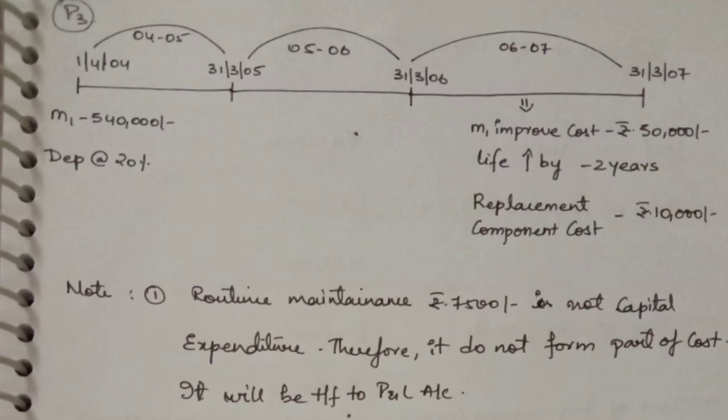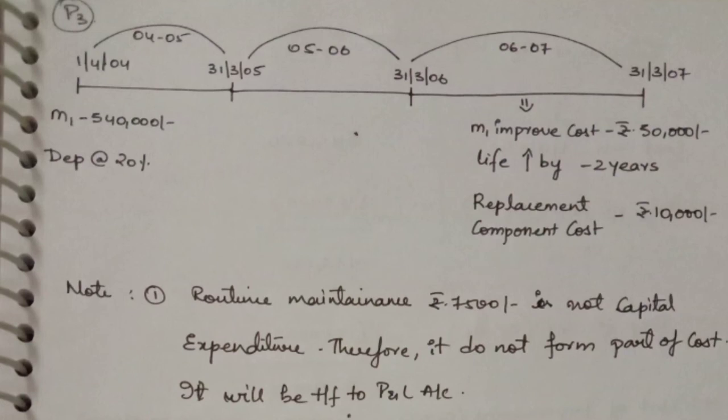Okay, so from 1st April 2006 to 31st March 2007, during this year we have incurred the improvement cost of rupees 50,000 and component cost of rupees 10,000, right? So component cost and improvement cost total amounts to 60,000, and the routine maintenance we are incurring is 7,500 during the accounting period ending 31st March 2007.